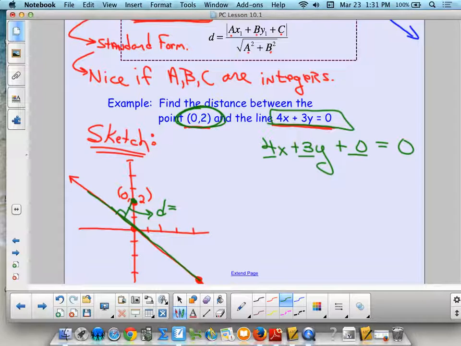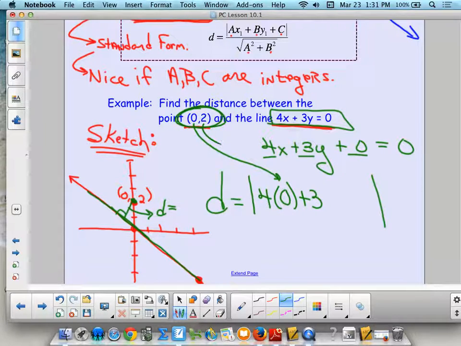So the formula is distance equals, up here, absolute value of A is 4, X is 0. B is 3, Y is 2, and then you've got your C value right there. So that's what you should have written on your paper. And then over what?